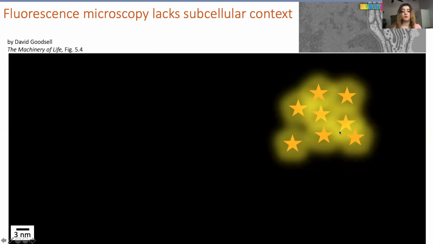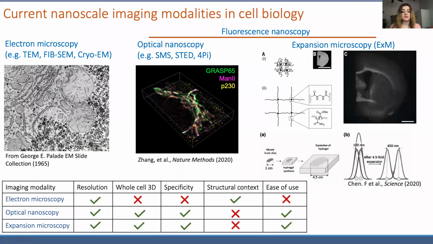So if we were to probe a protein on clathrin-coated pits, we can visualize them. However, we cannot achieve ultrastructural imaging. So the subcellular context of these proteins is lacking. And so what would it take to achieve imaging at molecular resolution and having molecular information?